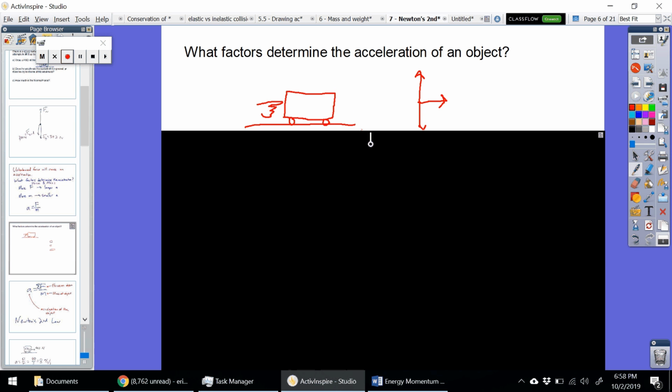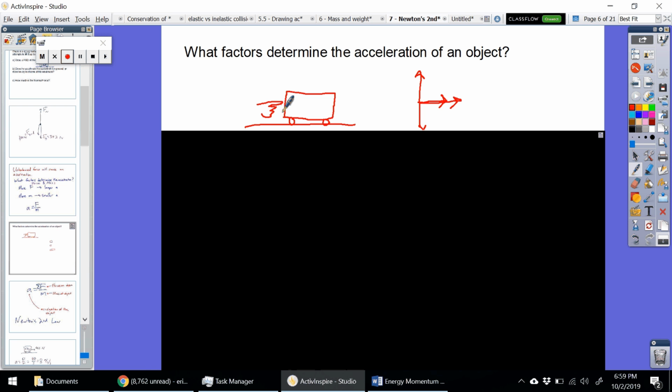Now, what factors will determine the acceleration of this object? One factor is super obvious. If I'm pushing this with my finger with a certain force, and I want to increase the acceleration of the object, one obvious thing would be to push harder. If I make this force arrow bigger, clearly that guy should accelerate faster.